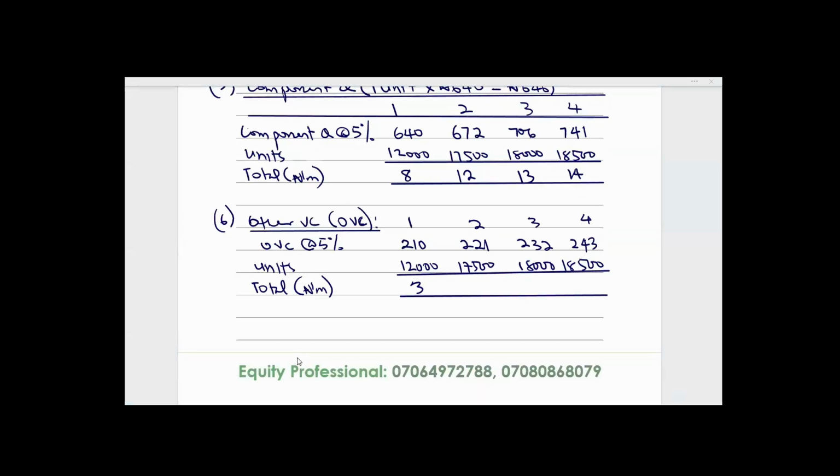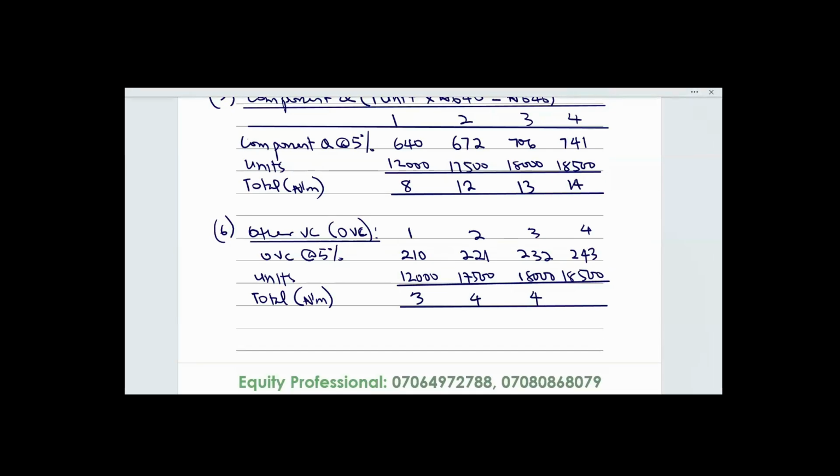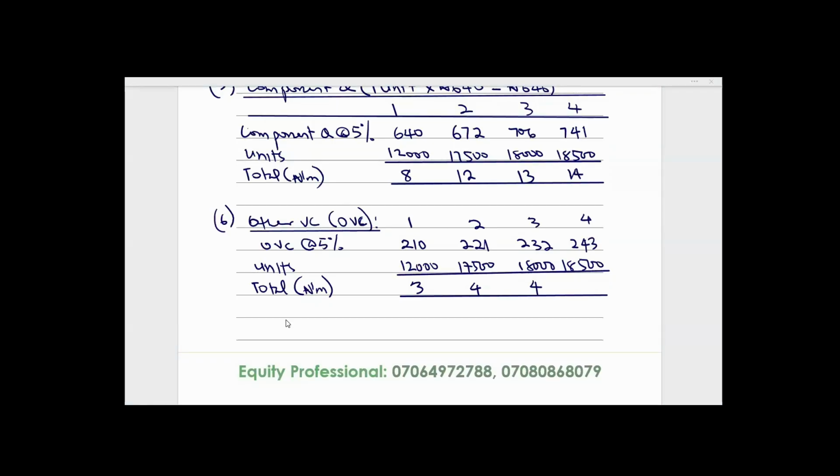That is 4. Then year 4, 243 multiplied by 18,500. That is 4. So we are done with that.